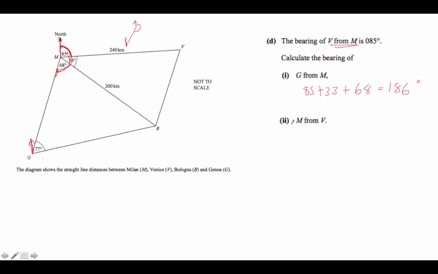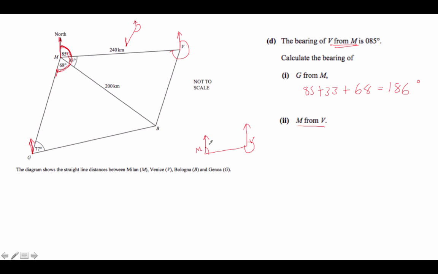And then the second one says, find the bearing of M from V. So that time I'm starting here, and I want to go all the way around till I hit here, because that's where M is. So if I just draw that separately, starting at V, this is M, but we've got to go clockwise, so I've got to go all the way around. So what do I know about this diagram already?